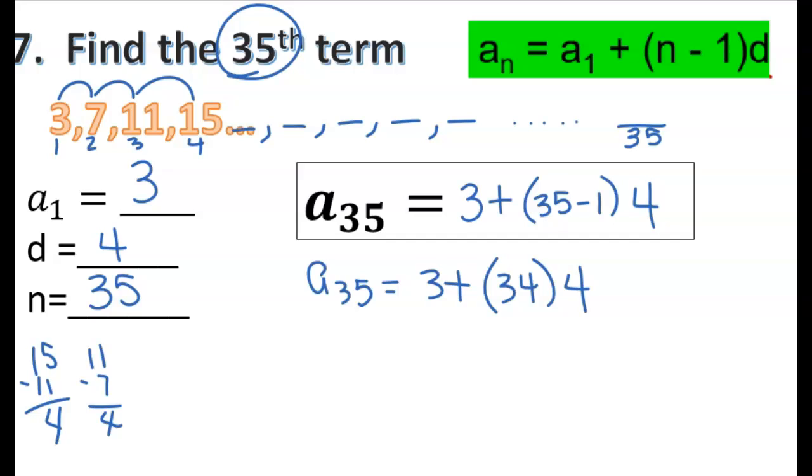Either way, you're going to multiply it out. 3 plus 35 times 4. And the 35th number in the pattern is going to be, is that what you got?